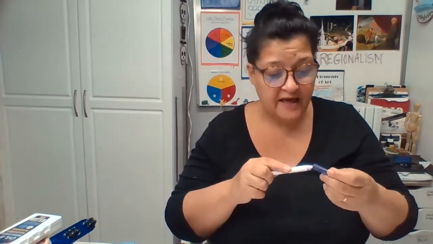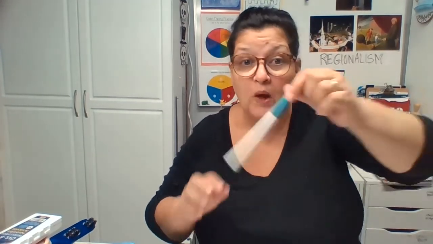While you write that, I'm going to pick another color. Which color should I pick? Ooh, I like this turquoise. And I'm going to write down number 3. Number 3 art element that I'm going to write down is what we just discussed, how we create it.